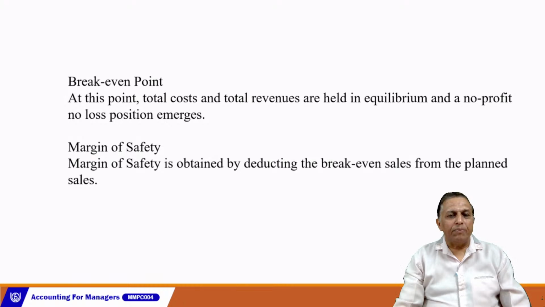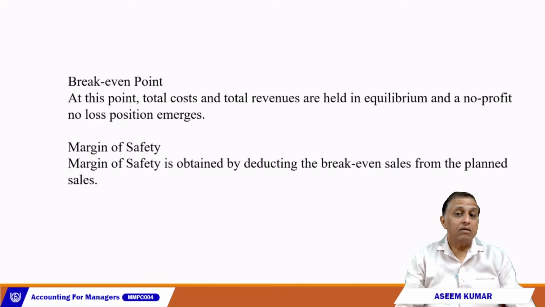The margin of safety is obtained by deducting the break-even sales from the planned sales. If the actual sale is more, we have safety on the plus side, not safety at zero level. But if our sales are less than the break-even sales, then we are possibly incurring losses.